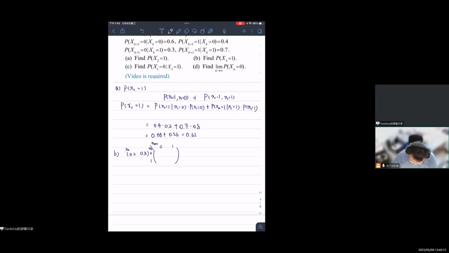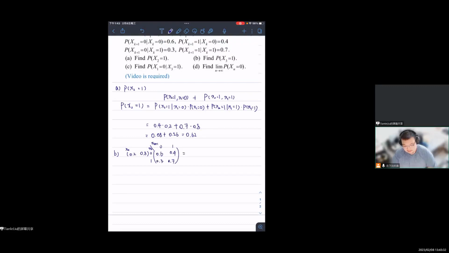So we can just fill in by our conditions. So 0, 0 is 0.6. 1, 0 is 0.4. 0, 1 is 0.3. And 1, 1 is 0.7.